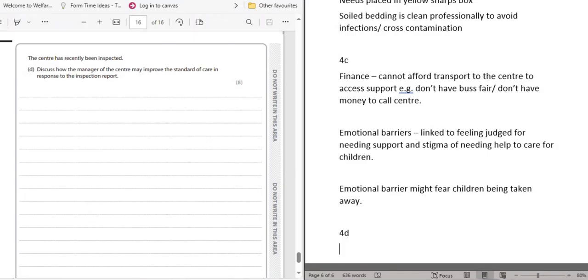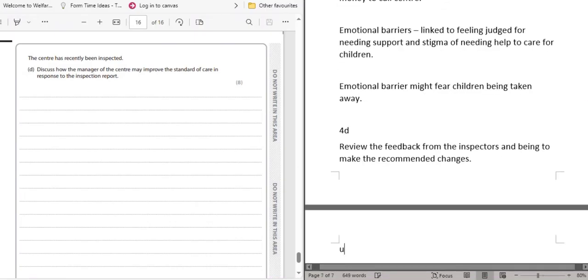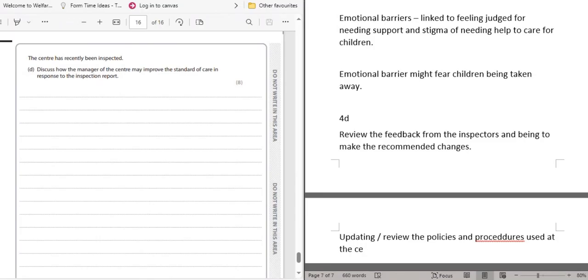So effectively, what a care manager is going to do in response to an inspection is review the feedback from the inspectors and begin to make the recommended changes. So this might mean updating / reviewing policies and procedures used at the setting.